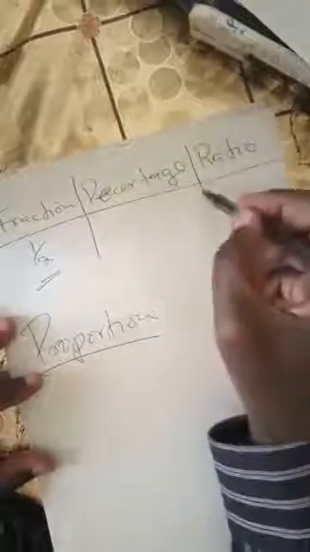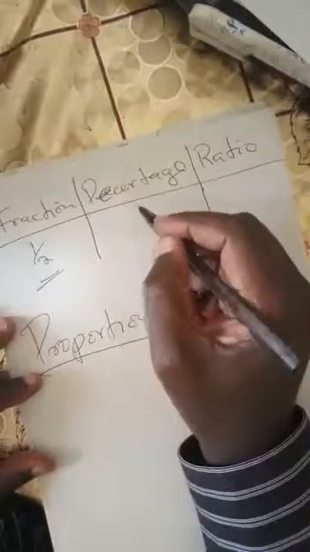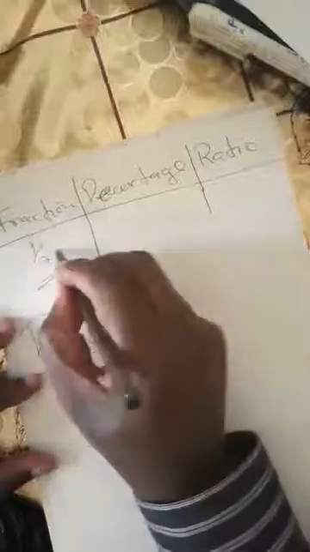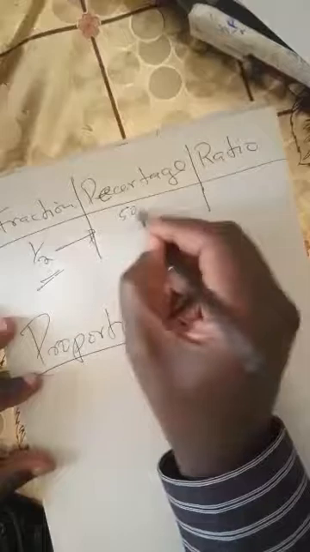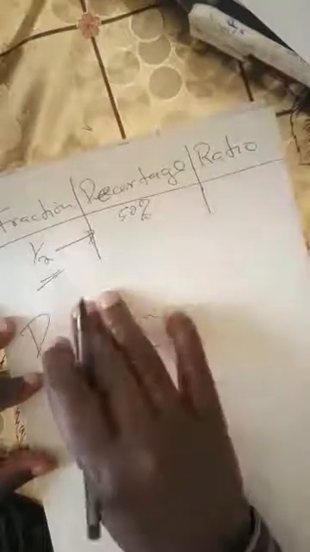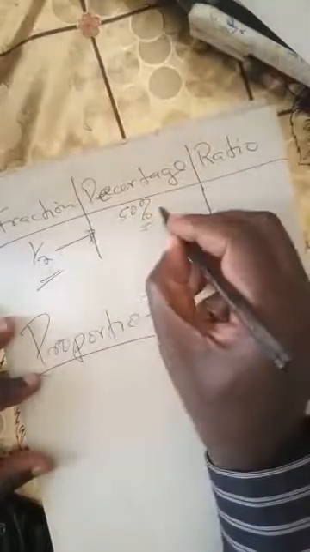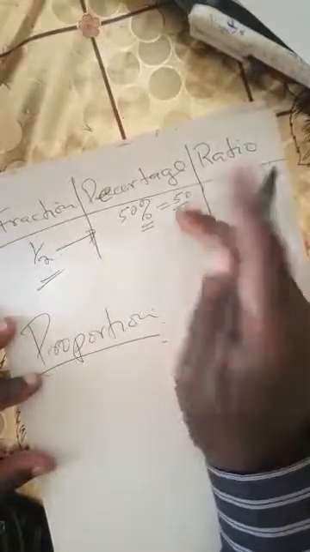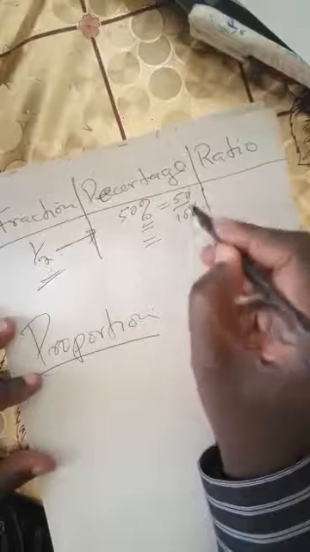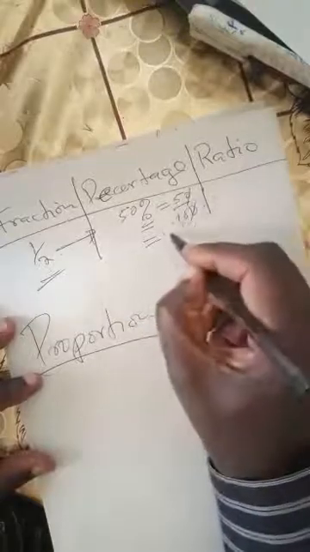Now when it comes to percentage, a half as a percentage you can write as 50%. The percent symbol there means 50 out of 100, and that can be simplified to a half, as you can see.